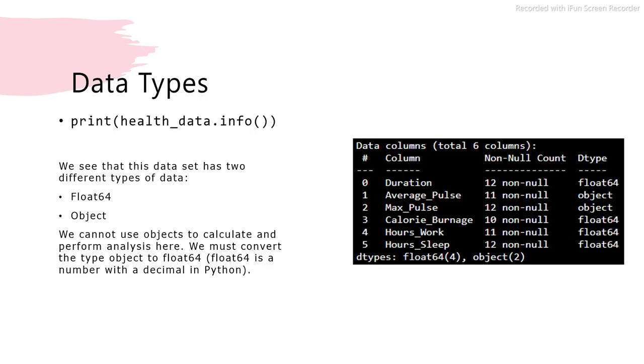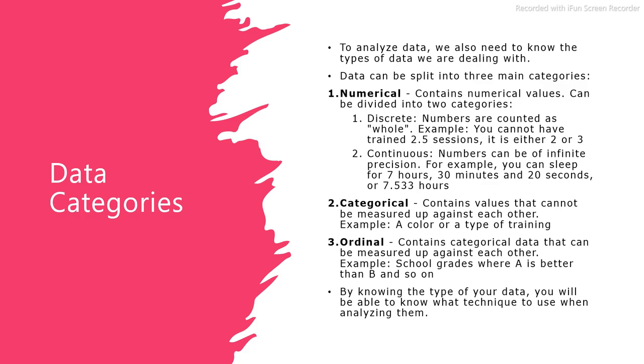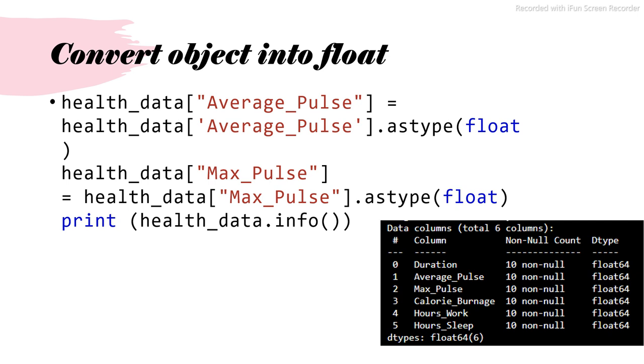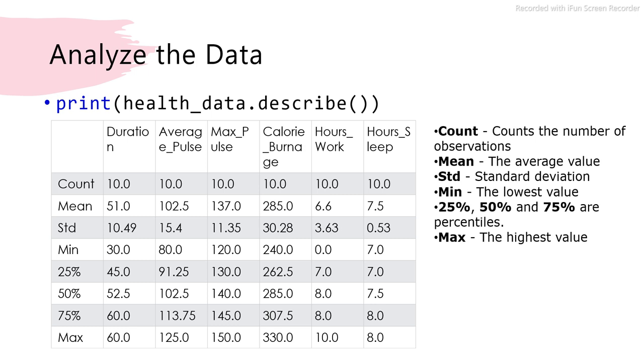We did some basic cleaning, in the sense that we removed the null values using the dropna function. We got some information about the data set, learned how to convert object types into different types, and how to get the basic statistics about the data set. So this is what today's session is about.